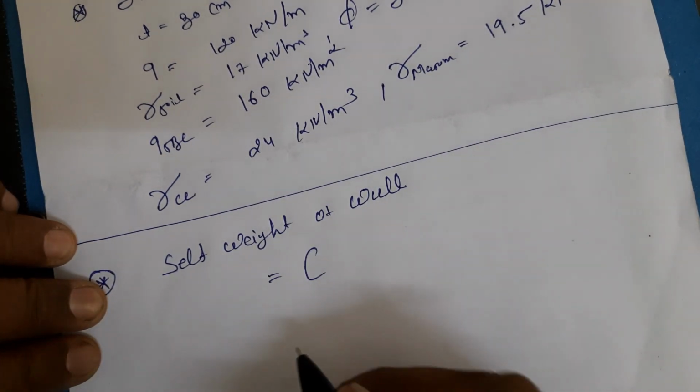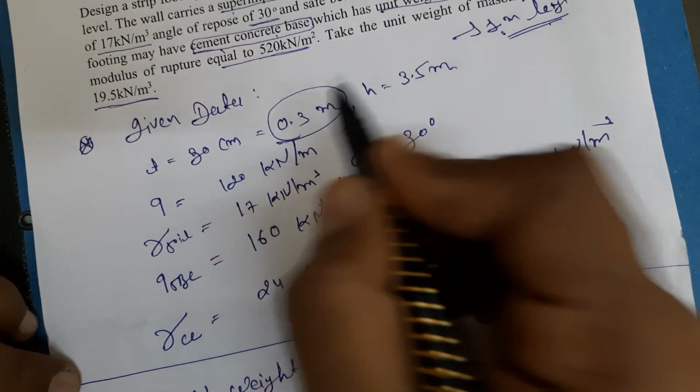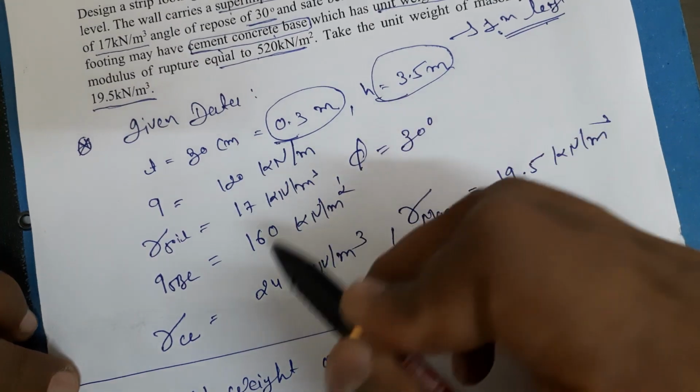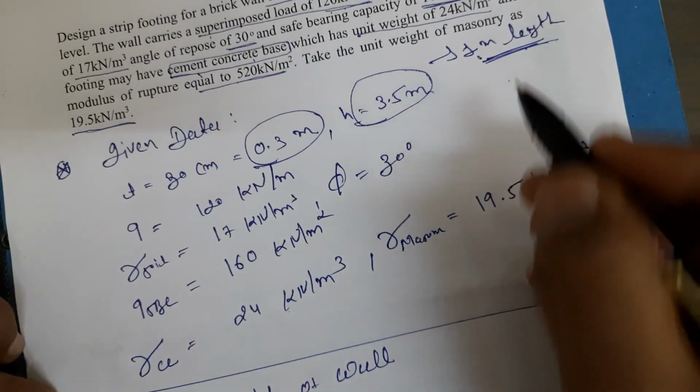First is the volume. Here we have the thickness of wall and height of wall, and the length is already assumed to be 1 meter.